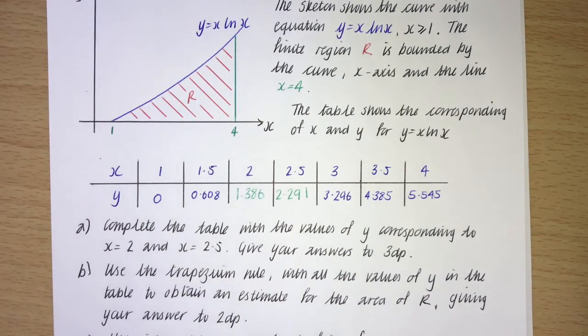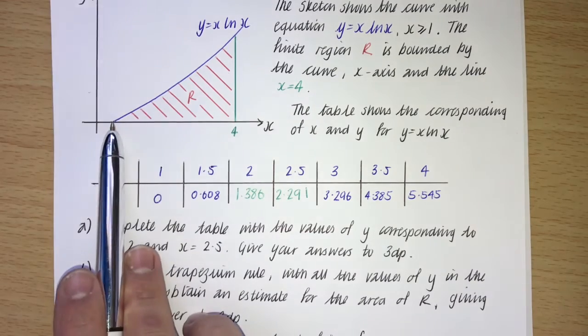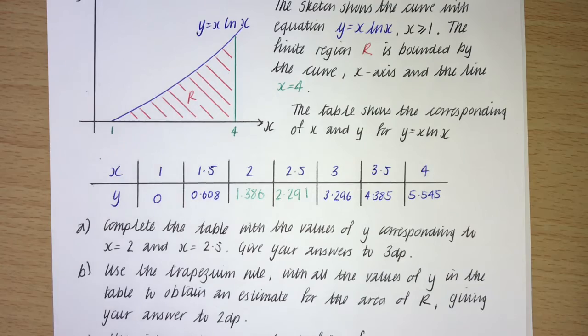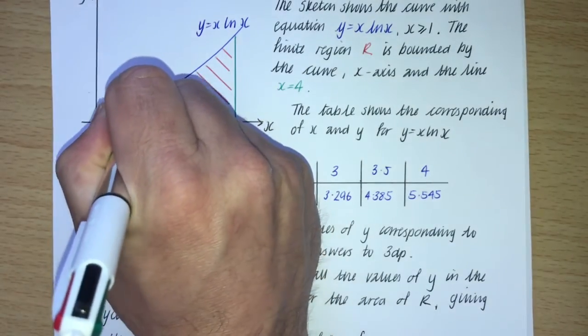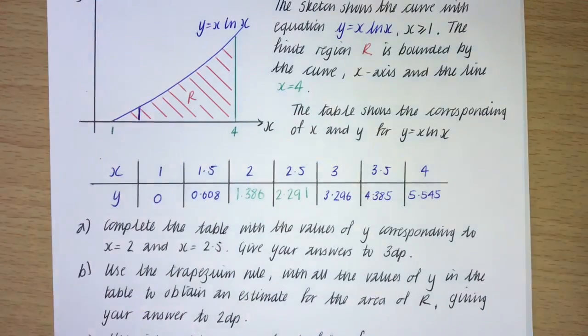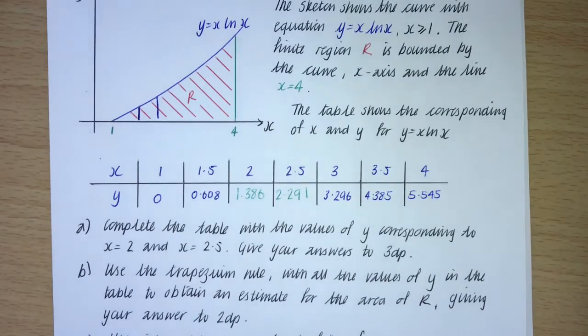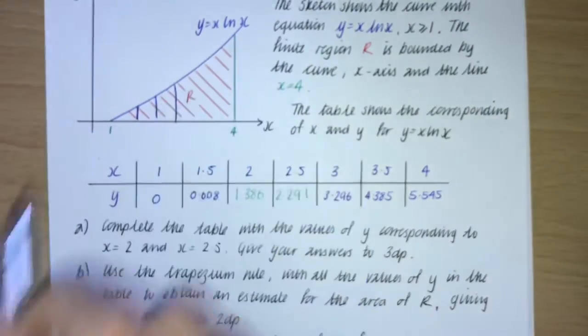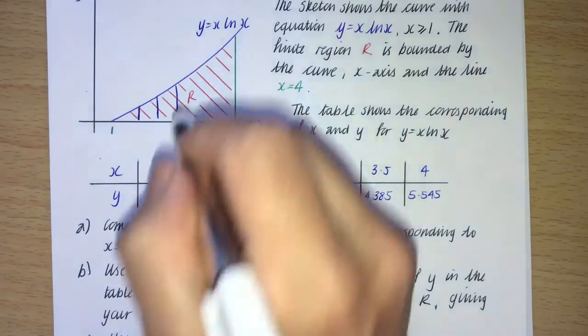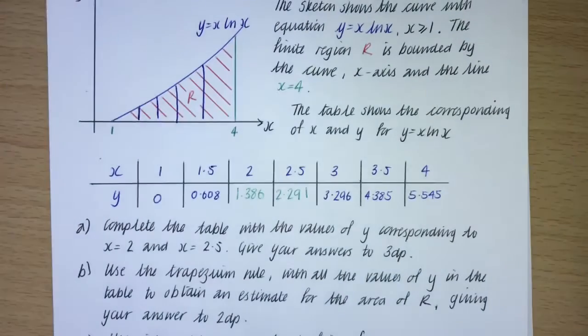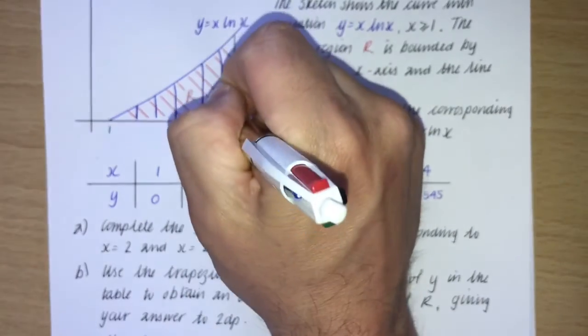That means we will use 6 bars, because the first bar from 1 to 1.5, if I crudely draw that on here now, 1 to 1.5, I know it's a triangle, but we'll call that the first trapezium. From 1.5 to 2 will be the second, 2 to 2.5 will be the third, 2.5 to 3, 3 to 3.5, and 4.